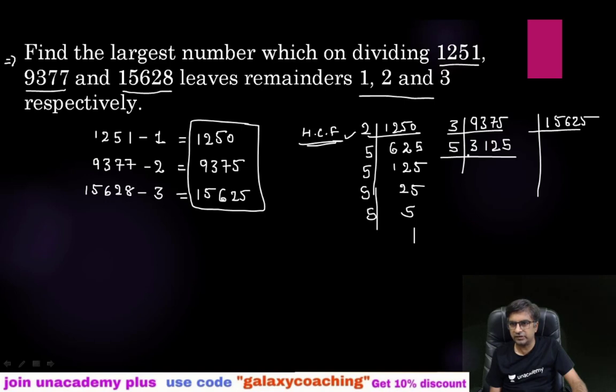Let me divide this by 5: 625, and again, so you will get 4 times 5, and this 3.